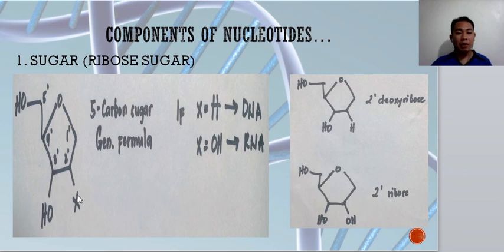If X is OH, that is the sugar of ribonucleic acid. If it's H, that is 2' deoxyribose. If it's OH, it's 2' ribose sugar.